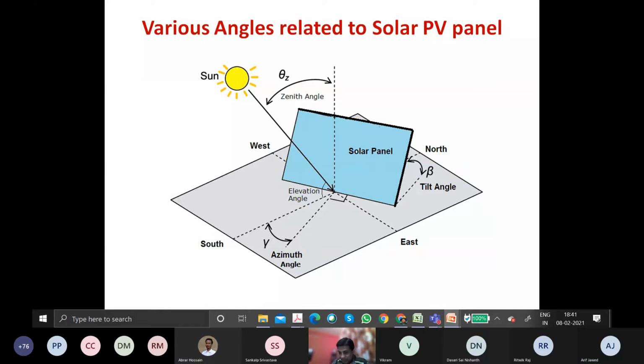So what will pass through the top layer? After passing through the top layer, what electron volt will pass through? Less than 1.5 electron volt. Right. So that is the reason. If you put 1 electron volt at the top, it will only pass photons of less than 1 electron volt to the next one. Right?